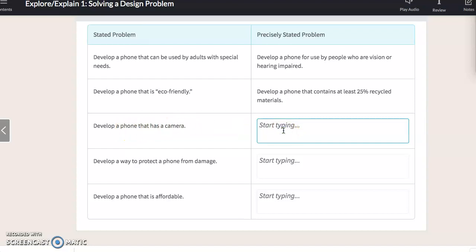Okay, how can we be more specific about a camera? Develop a phone that can take multiple pictures with something other than vision or hearing basis.